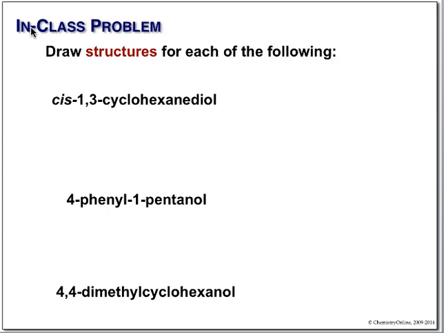Cyclohexane is our parent, 6-membered ring. We have 2 hydroxyl groups. They are at carbons 1 and 3. You must somehow show their stereochemistry as cis. Now you could do that with a chair if you drew the 2 either both axial or both equatorial.